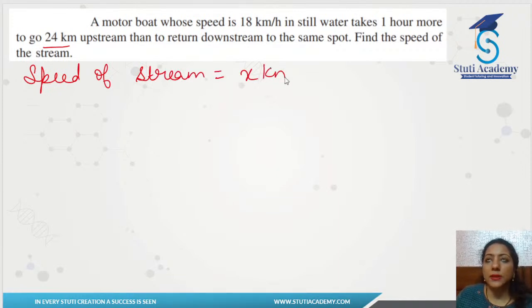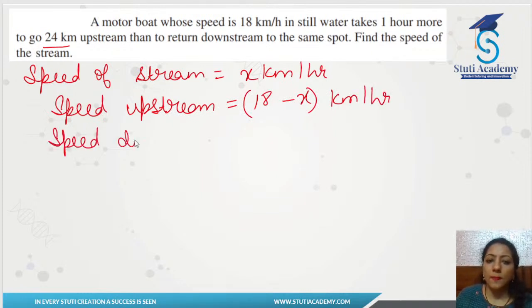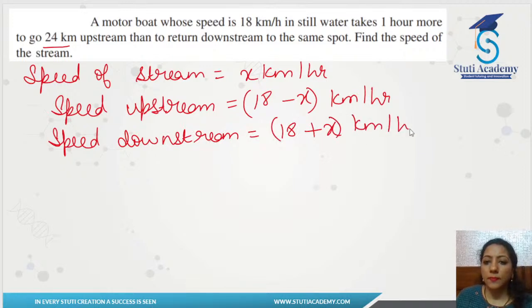So speed of stream here is x kilometer per hour that we know. So speed upstream would be 18 minus x kilometer per hour. And speed downstream would be 18 plus x kilometer per hour.